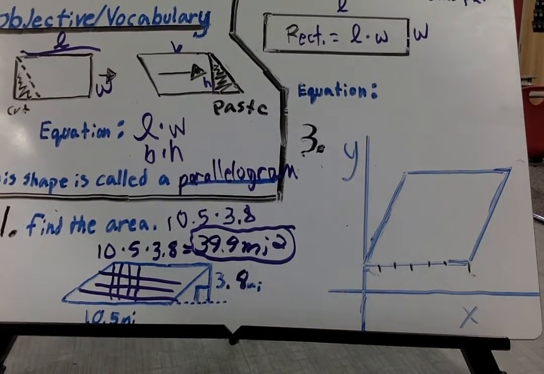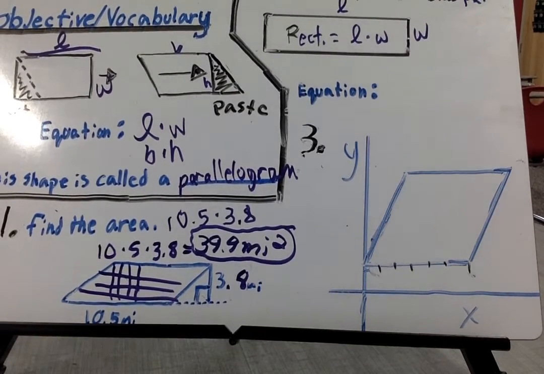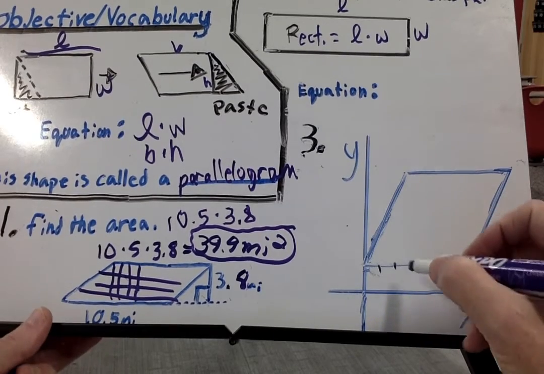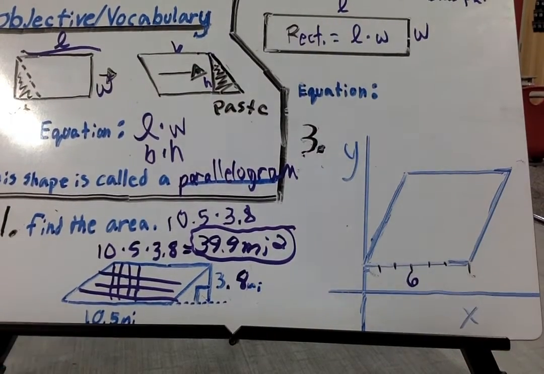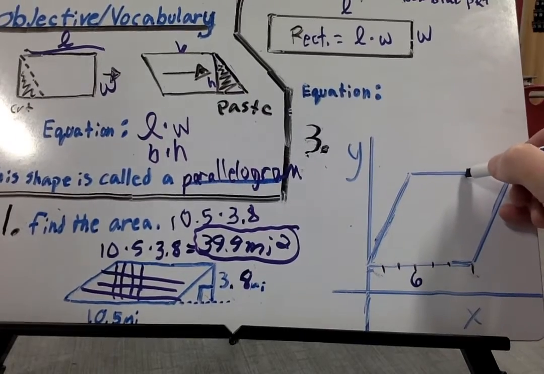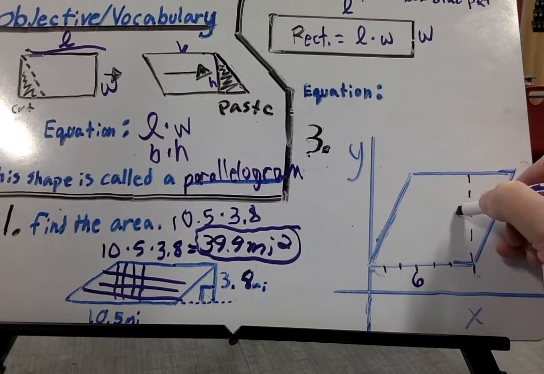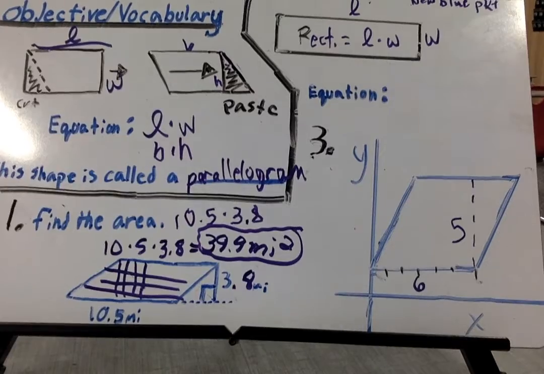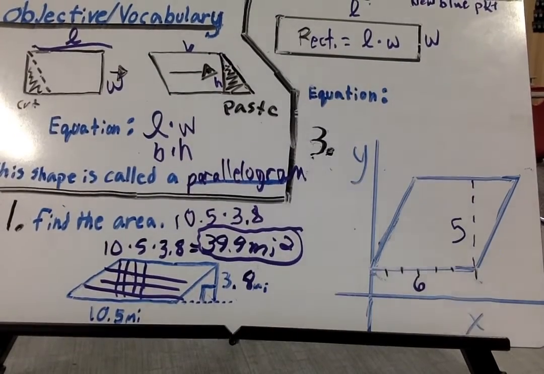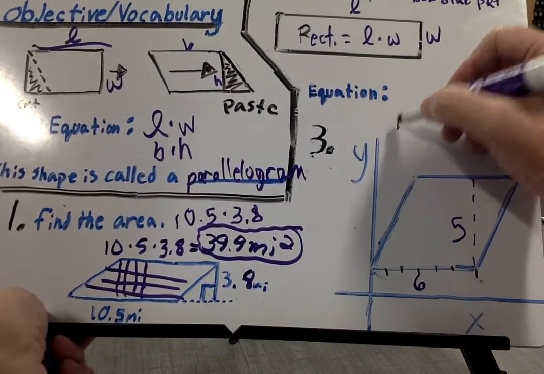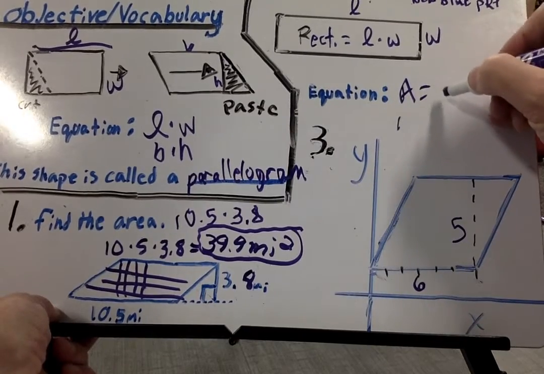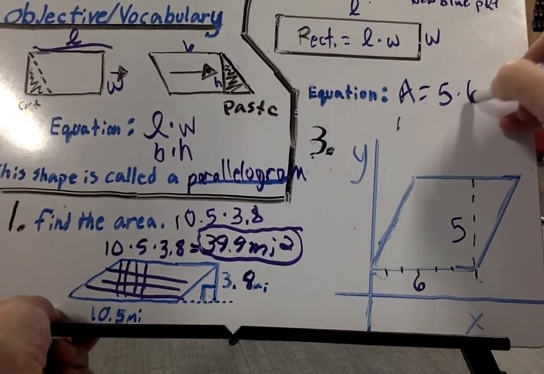Now when we get to number 3, it's a little bit harder because we can't quite tell exactly. When I count the number of little spaces here, I counted 6. Now if I go by my height, looks like it's got 1, 2, 3, 4, 5. I would say this height right here is 5. So then our area equals 5 times 6.